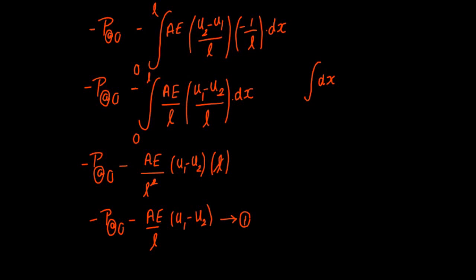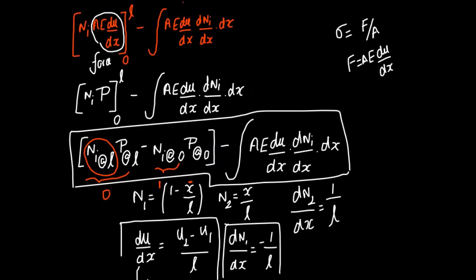Similarly, I'm going to substitute i is equal to 2 and get equation number 2. Let me see what equation I'm going to get. If I substitute i is equal to 2, what happens to this shape function?